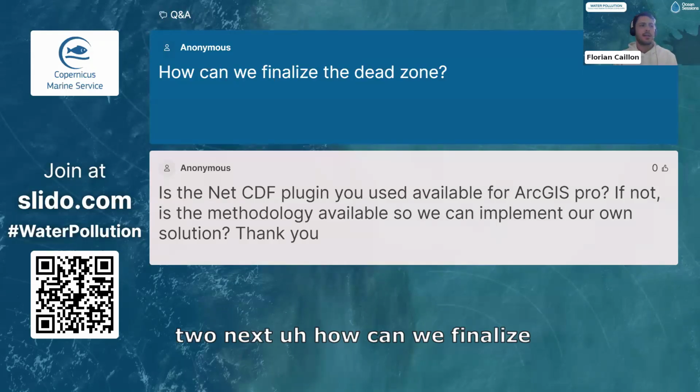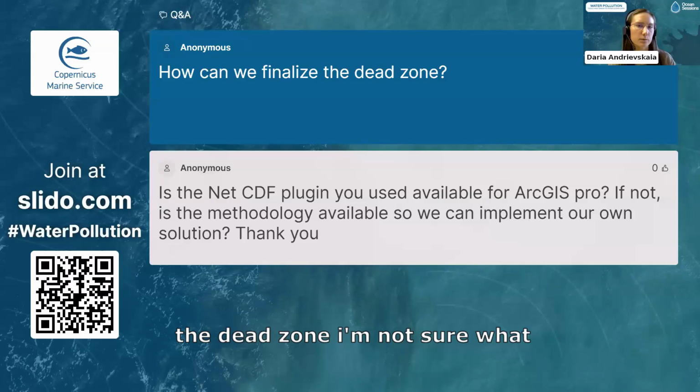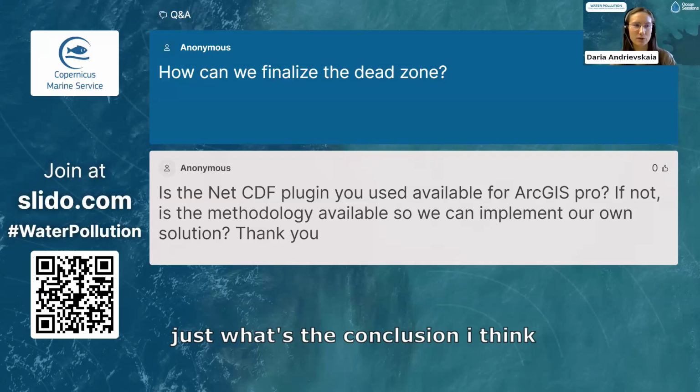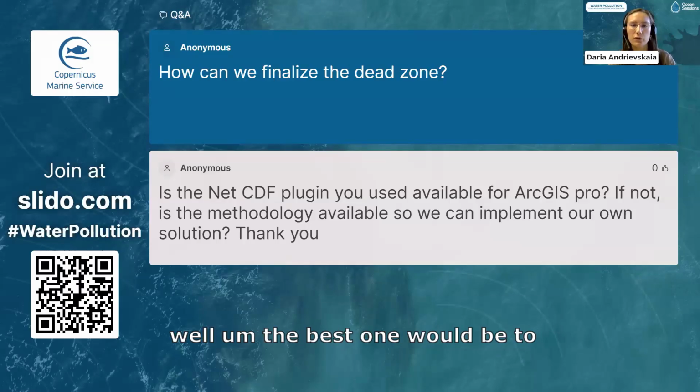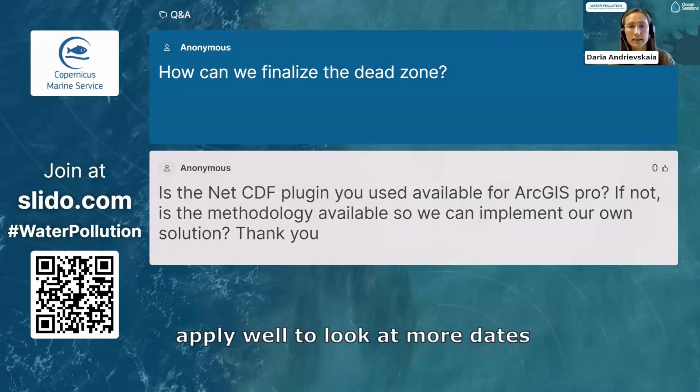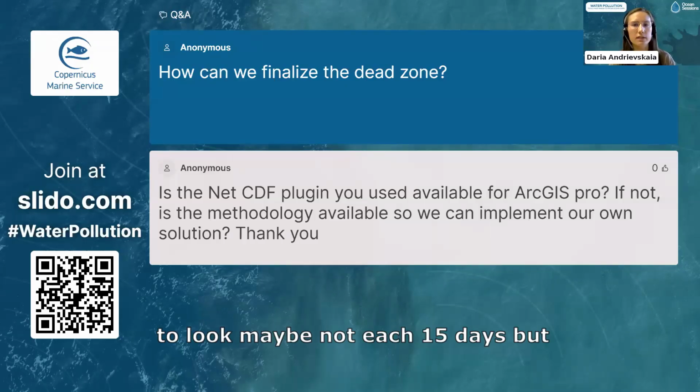How can we finalize the dead zone? Not sure what that means. I guess maybe it means, what's the conclusion? Well, it is much harder to have a clear conclusion based on what we saw, because the best approach would be to look at more dates, maybe not every 15 days but more frequently.